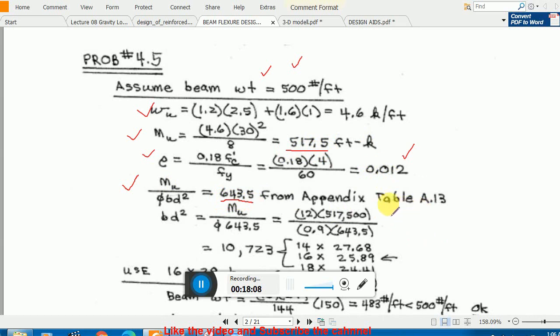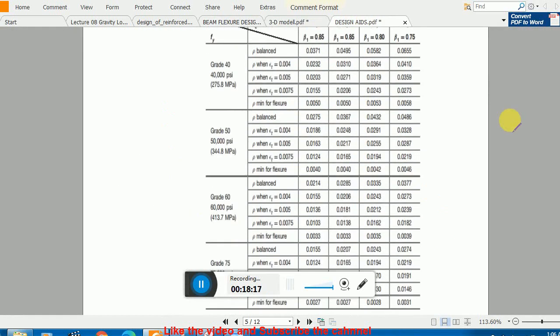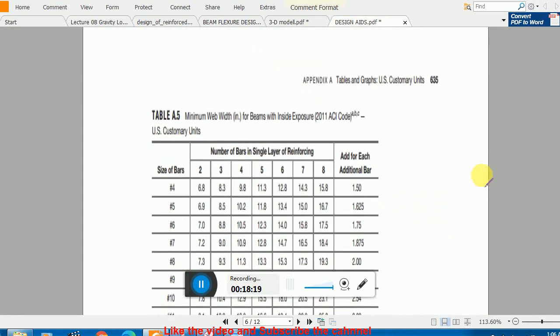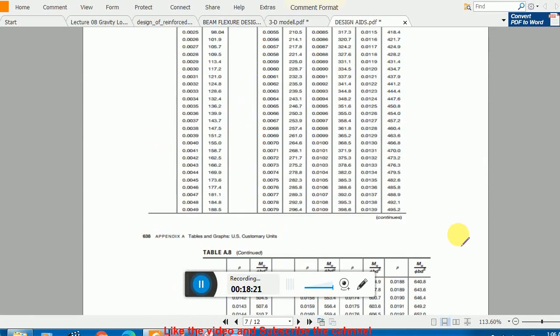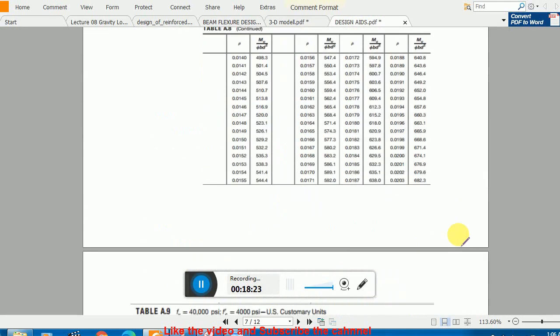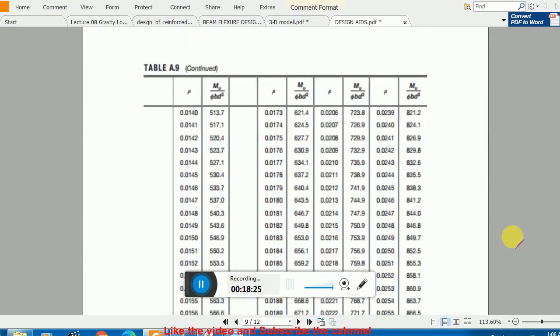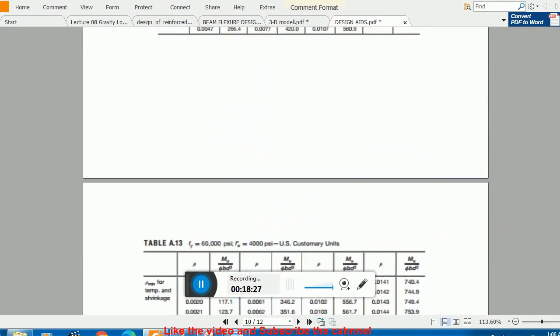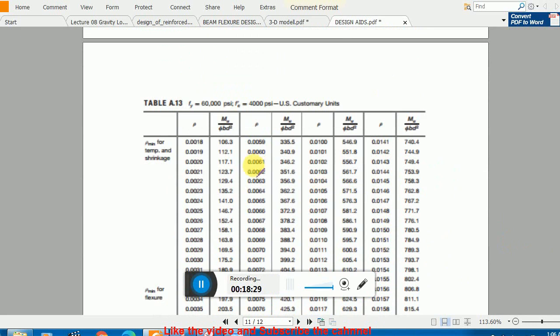From Table A13, which is a design aid, we got this value. So how can we get this? Let me show you the design aid, Table A13. I have that table as well. It is this one. Here you see I have 60,000 and 40,000, 4,000 concrete and 60,000 steel.